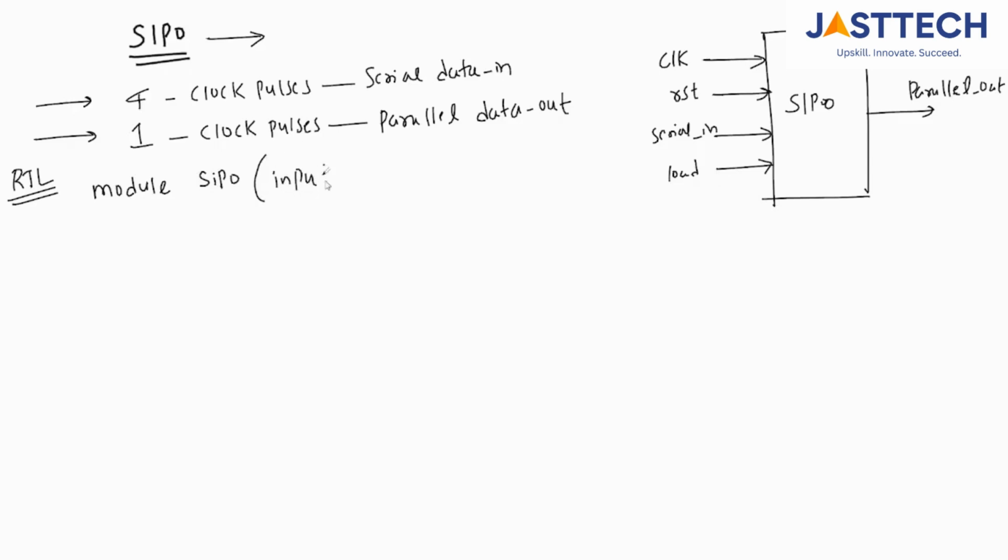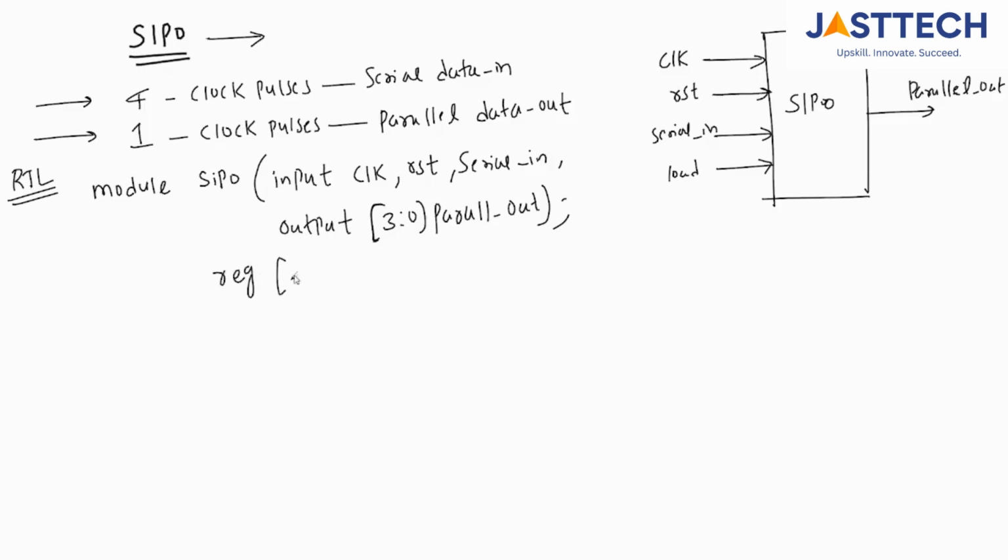Input clock, reset, serial_in. Output: how many bits of data? 4 bits, as it is a 4-bit shift register, so you need to declare a vector 3 down to 0, parallel_out. And I need to declare one temp register, reg 3 down to 0, temp.